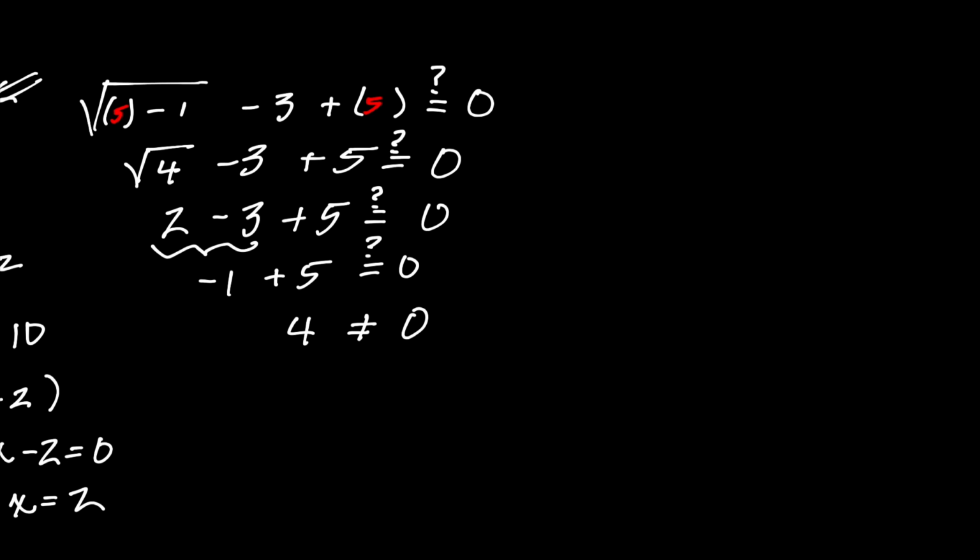So let's go back and check that. We have the square root of x minus 1 minus 3 on the outside plus x, and we want to see is it equal to 0. So the second one that we're checking is the 2. Does the 2 work?